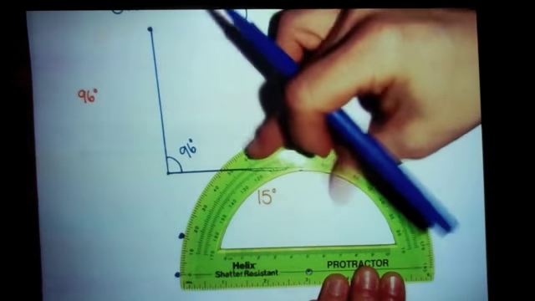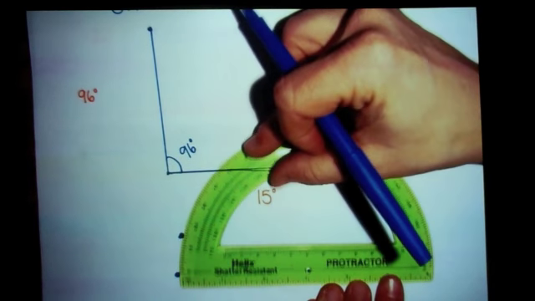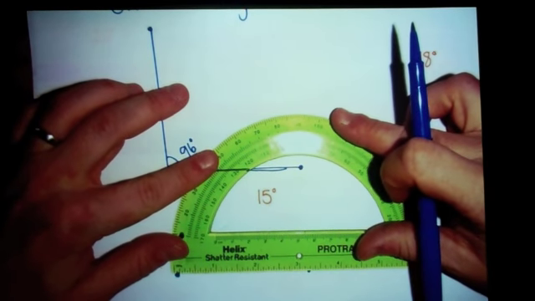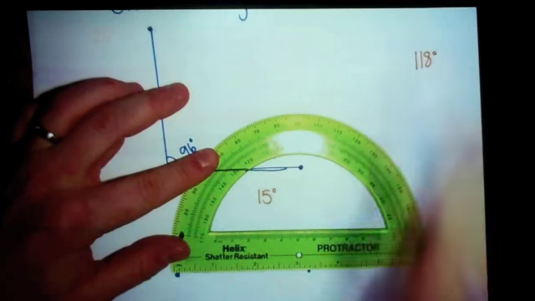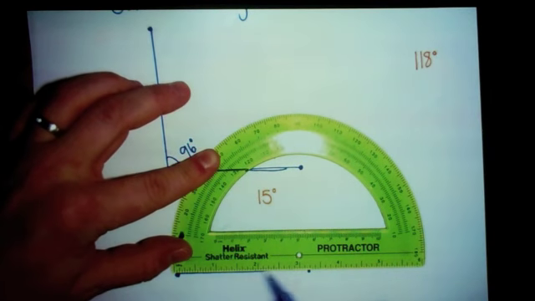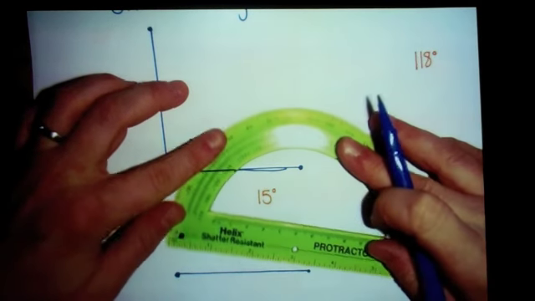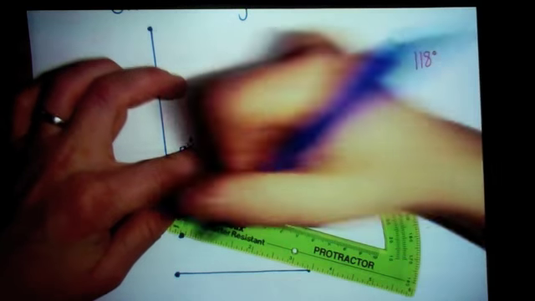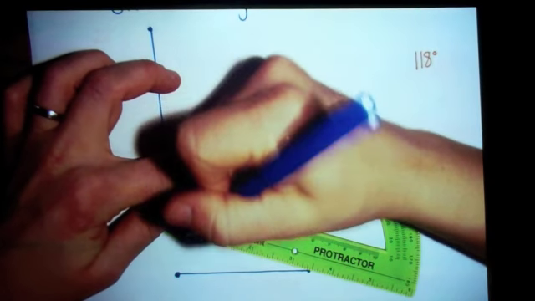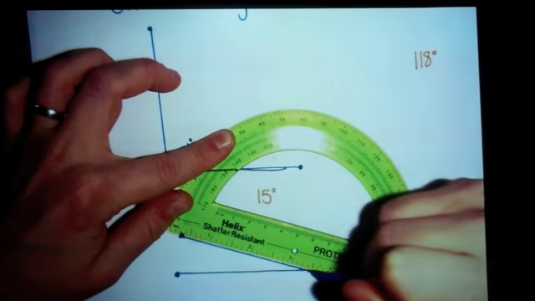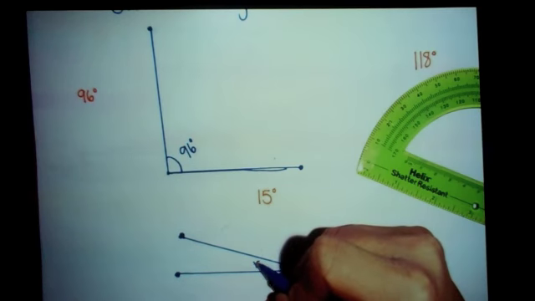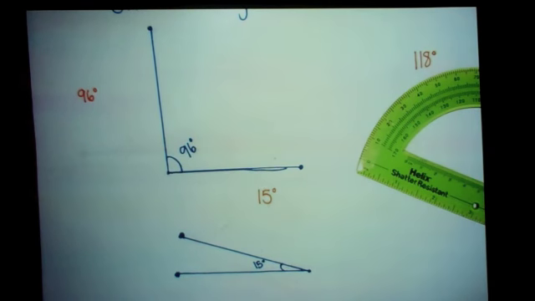After I drew both endpoints and my vertex, I'm going to move my protractor and connect those endpoints back to my vertex very, very carefully. And that right there is a 15-degree angle. And again, I even labeled that angle.